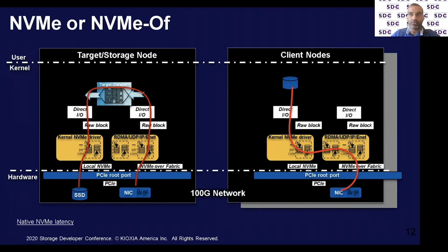For example, there is one from our company called KumoScale. The virtualization layer takes those NVMe commands from storage and puts them on the network, and they travel over the network so that the other client can utilize it.